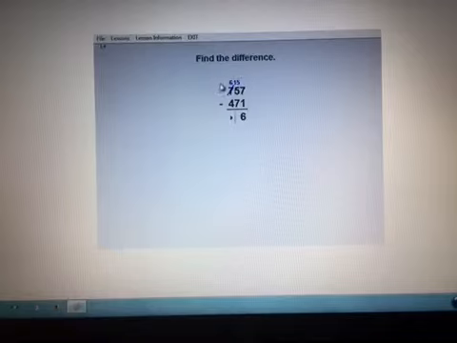And this again demonstrates what the student will be needing to do when they borrow. They have to borrow 10 from the 100s, which reduces that to 6.